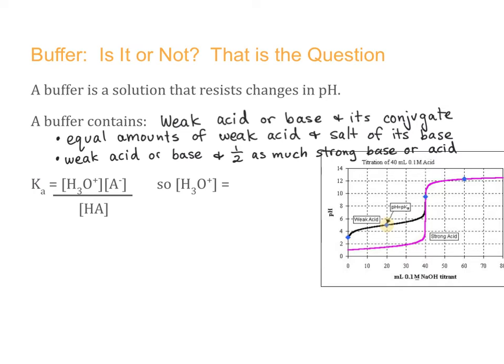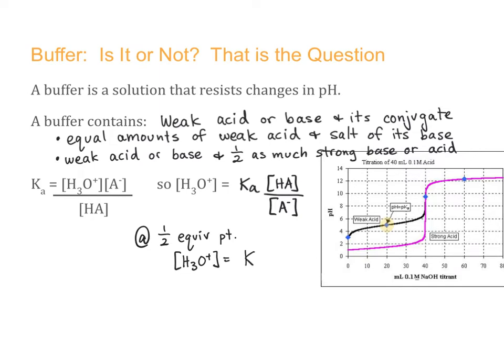If you just rearrange that to solve for the hydronium concentration, the hydronium concentration is equal to Ka times HA over A minus, the ratio of the acid and its conjugate base.